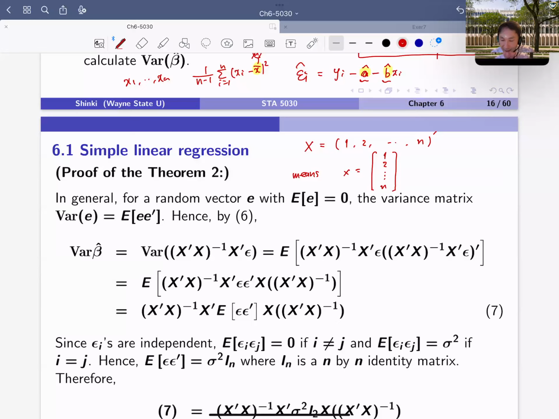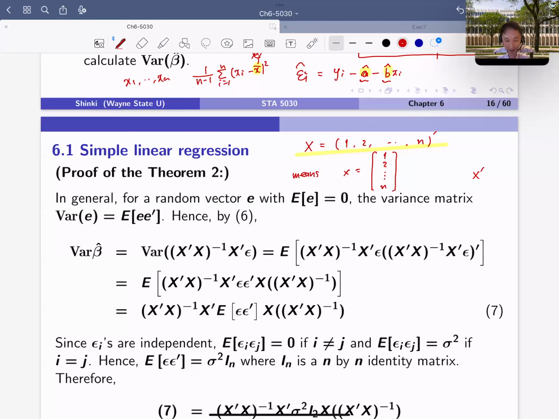In mathematics, often we define x as this, and in the sentence we have x transpose. So actually x transpose is a row vector, but that is also possible. A column vector is hard to write in the textbook, I mean, in the sentence, because we are using horizontal lines to write the letters.